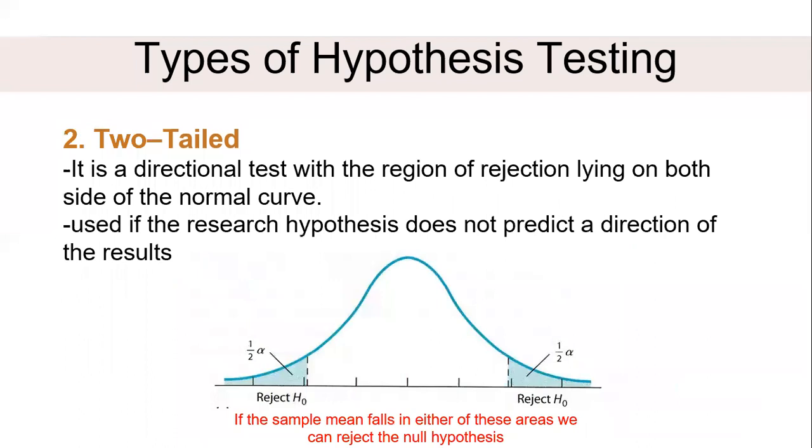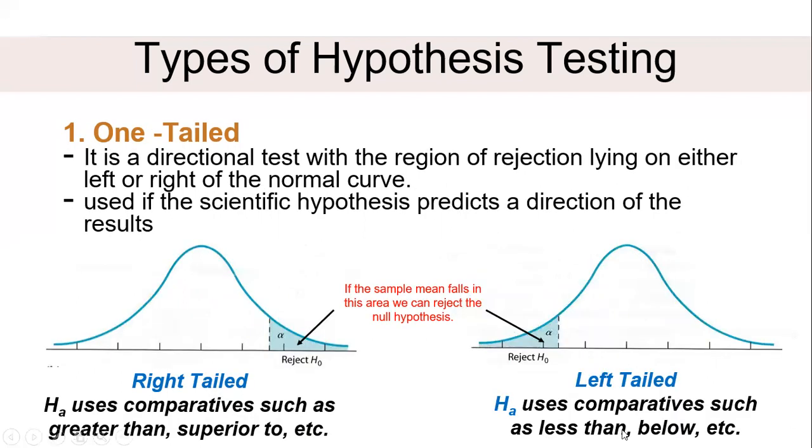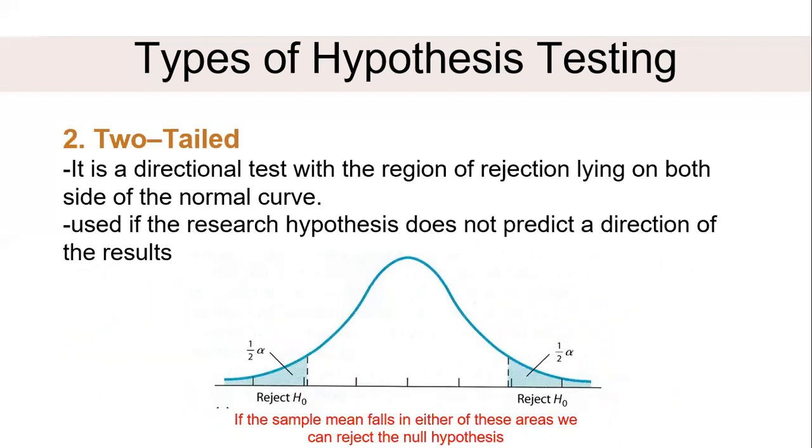And a two-tailed test is a directional test with a region of rejection lying on both sides of your normal curve. If you have here your alpha, for example, since it's just one region, alpha will be placed entirely either at the right or at the left of your normal curve.